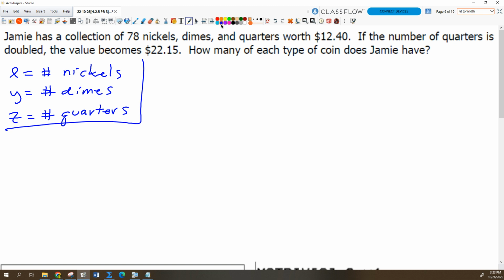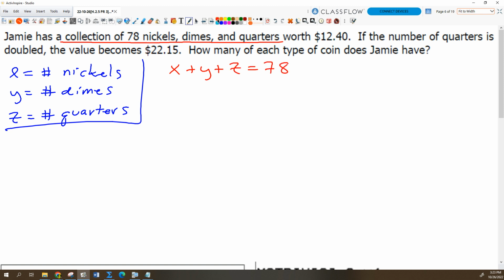Well, where's the first equation coming from? Okay, total number. Yeah. So it's this right here. So what's that going to be, Jake? What's that equation then? 78. Well, it would be X plus Y plus Z. There you go. X plus Y plus Z equals 78.